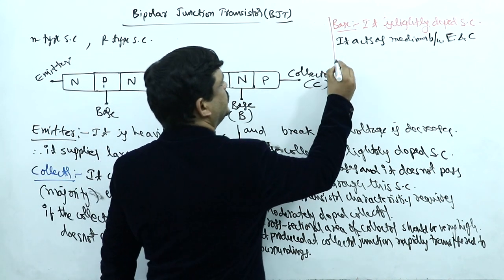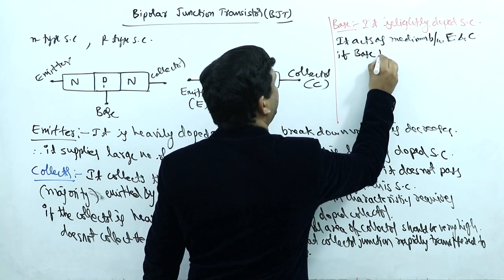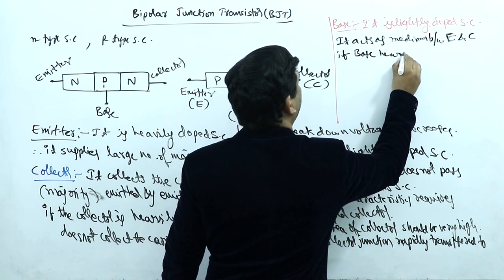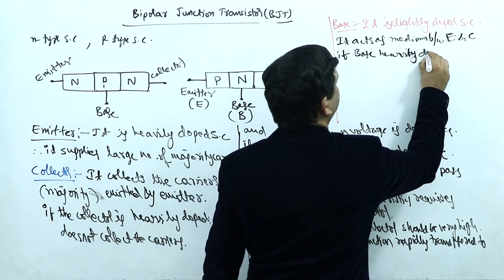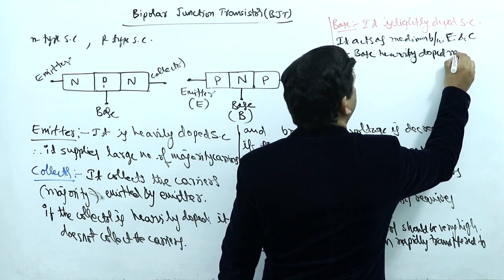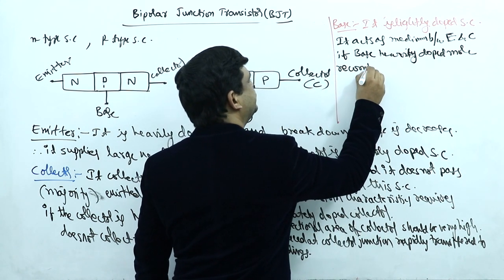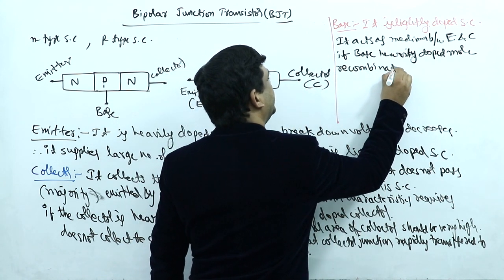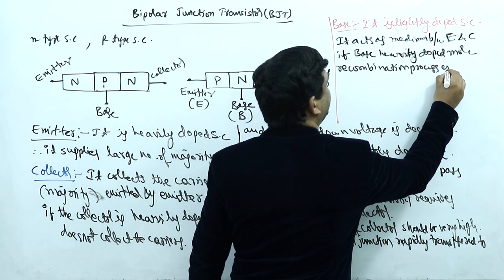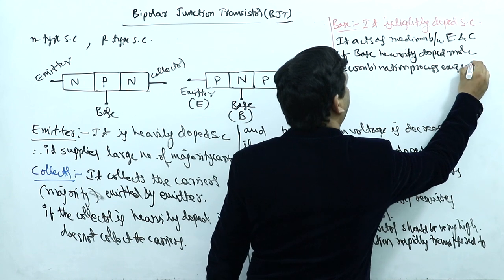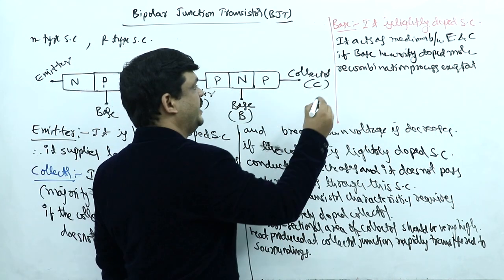So if the base is heavily doped, more recombination exists at the base.